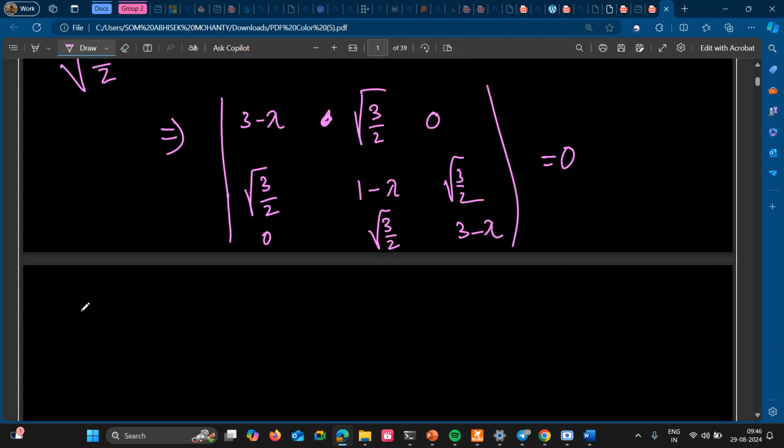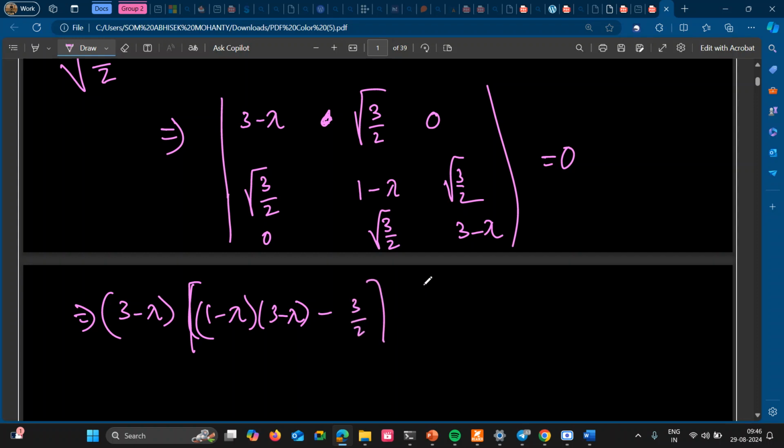So let's expand it. If I expand it, I will get 3 minus lambda whole into 1 minus lambda into 3 minus lambda minus 3 by 2. So there is a 3 by 2, so plus root over 3 by 2, and this is 0. This is root over 3 by 2 whole into 3 minus lambda.